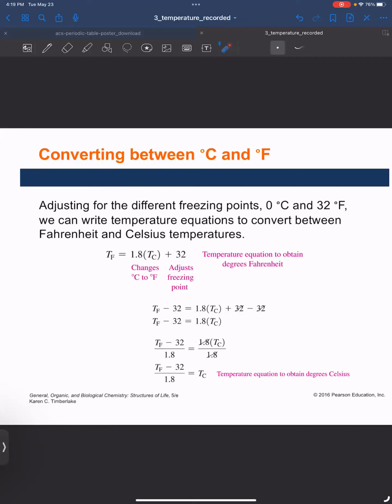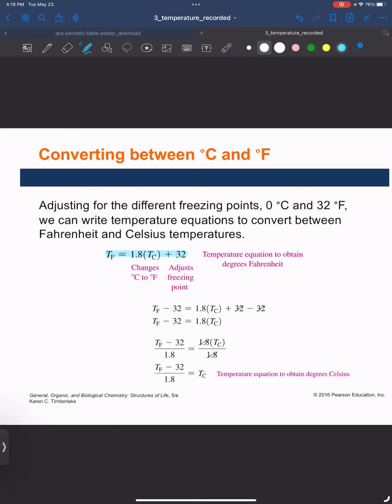If I wanted to calculate the temperature in Fahrenheit from Celsius, I would first multiply the temperature in Celsius by 1.8, which changes the degree from Celsius to Fahrenheit. Then I would add 32 to adjust the freezing point, since they're off by 32 degrees. So the formula is temperature in Fahrenheit equals 1.8 times temperature in Celsius plus 32.